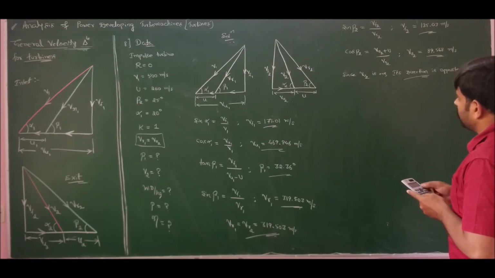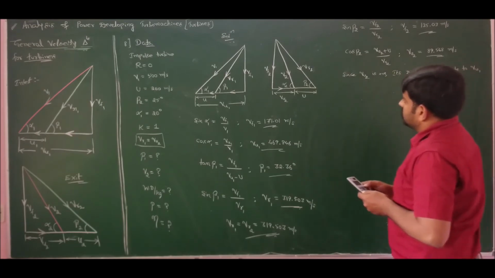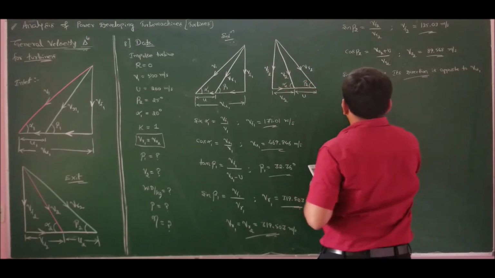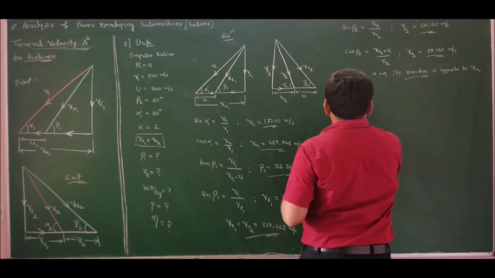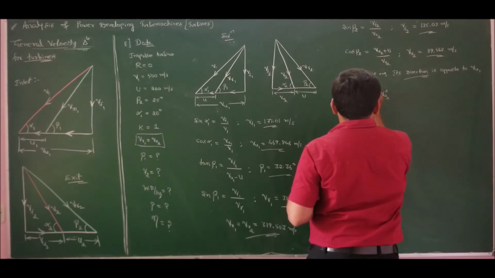So now if I find the value of V2, I can use Pythagoras theorem. V2 is equal to square root of VF2 square plus VU2 square.